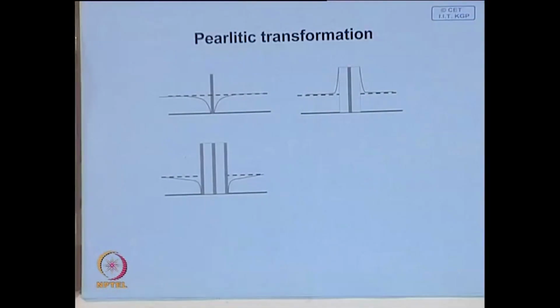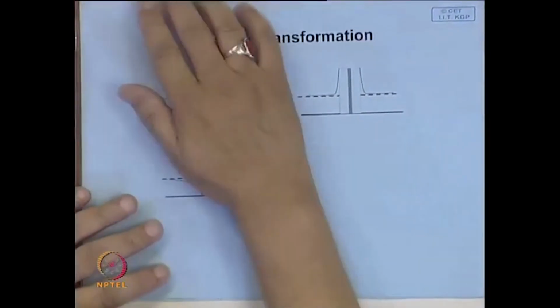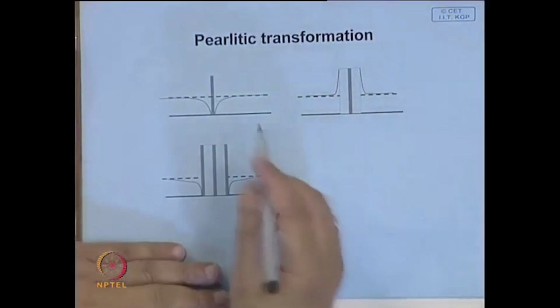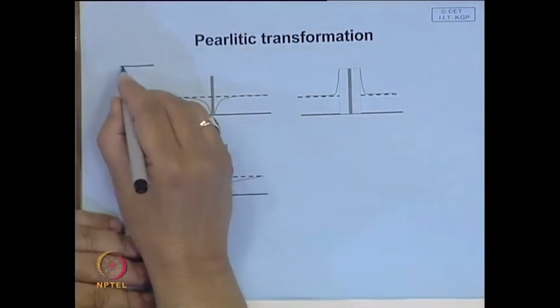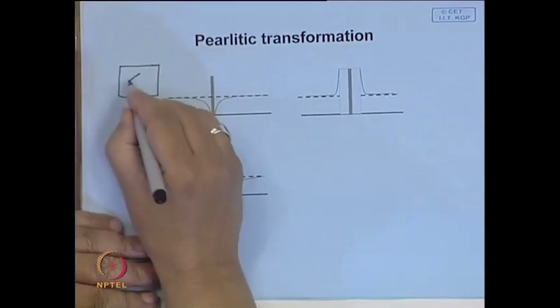Now, a critical look at how the pearlitic transformation actually takes place. Let us look at the mechanism by which pearlite forms in an austenite matrix. Suppose here you have an austenite grain.